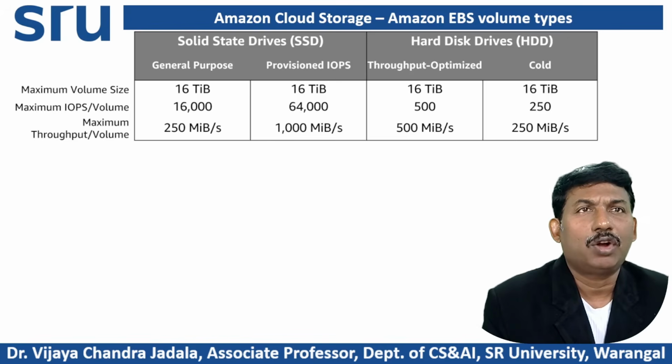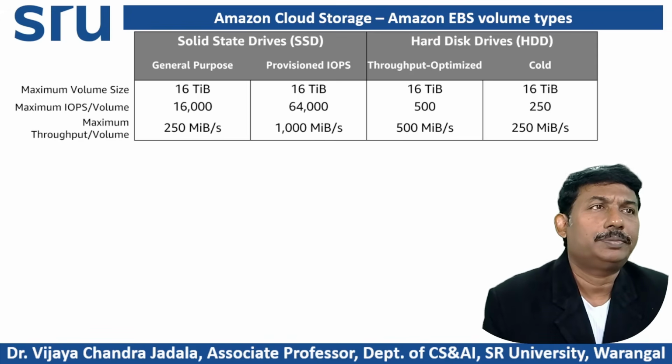Then the maximum volume size is 16 TiB. Then the maximum IOPS per volume is 16,000. This depends on whether it is general purpose, which is 16,000, or provisioned IOPS, meaning input output volume, that is storage related.